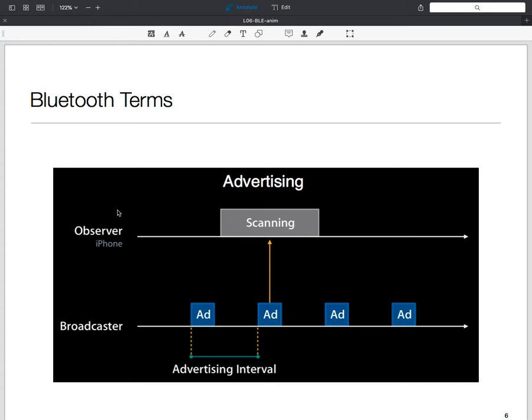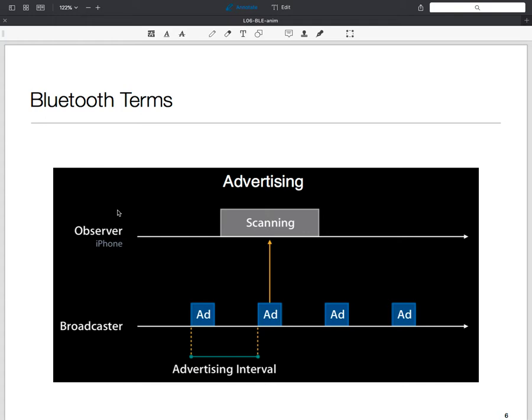And it's the listener's job, your iPhone or Raspberry Pi or whatnot, to go into scanning mode. When it is scanning for the advertisement packets of the right type, then it is going to listen to this. And this advertisement interval is kind of like your duty cycling period, right? So you can set the advertisement period to be low or pretty high.